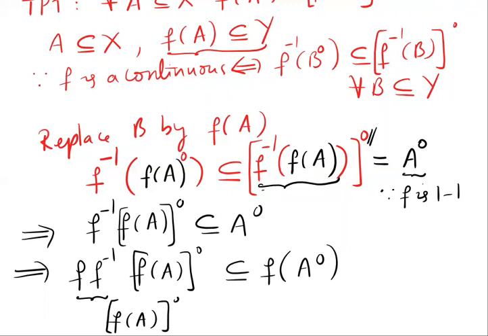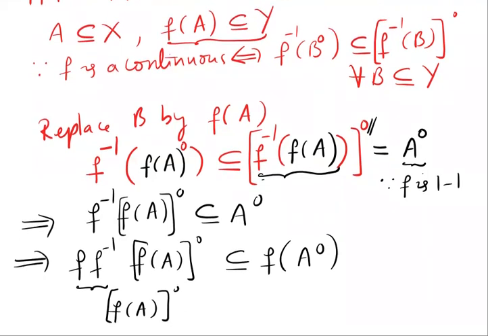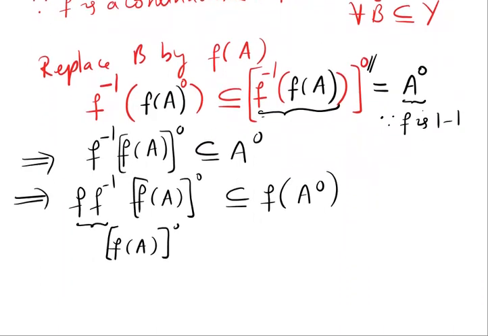Why are these two equal? These two are equal because our f is onto, bijective. Because f is onto, whatever the set f f inverse of that set is equal to that set, and it is contained in f of A interior. Right?